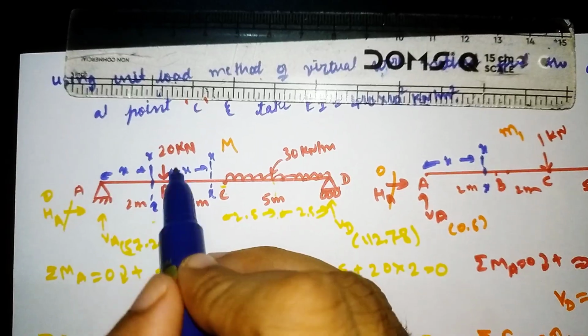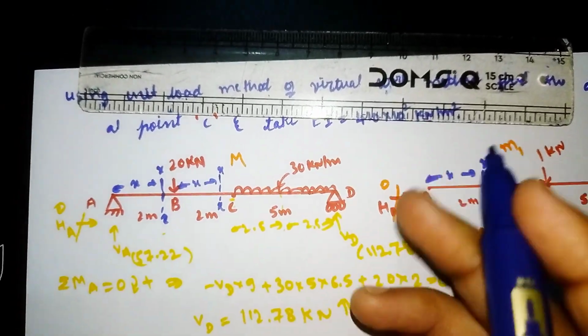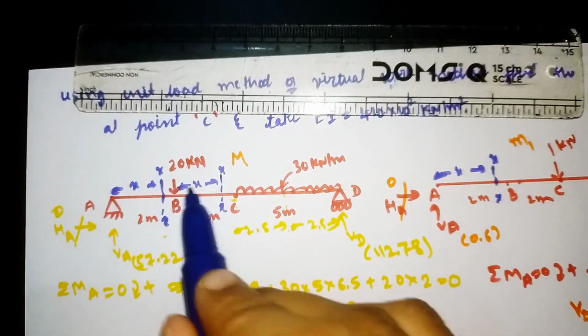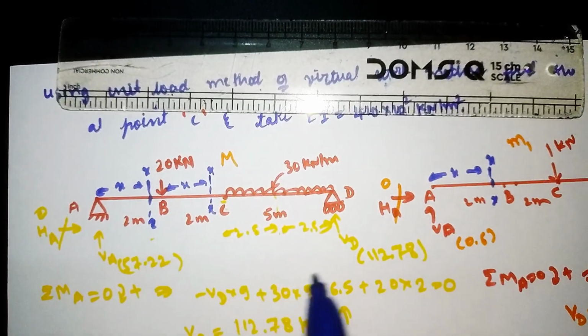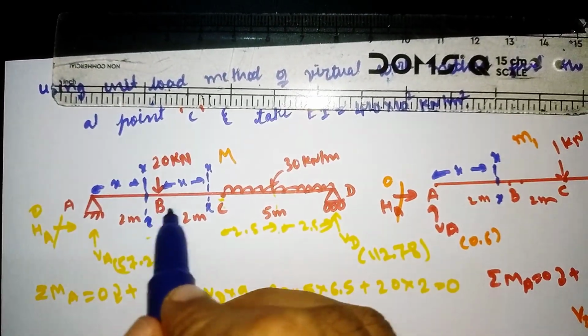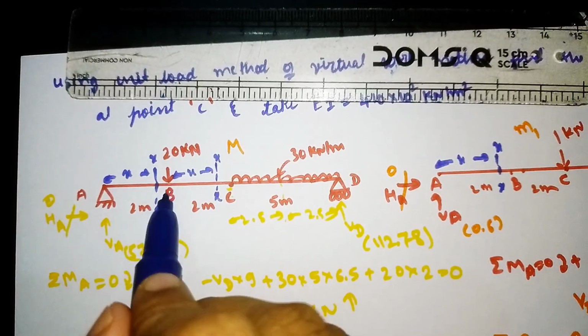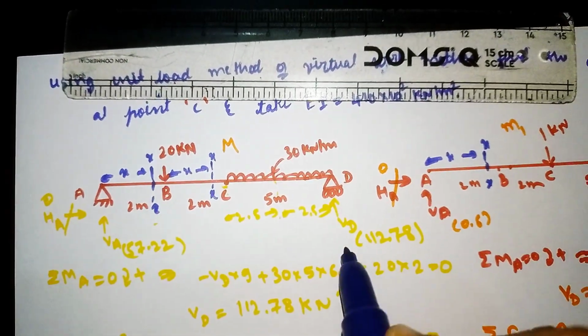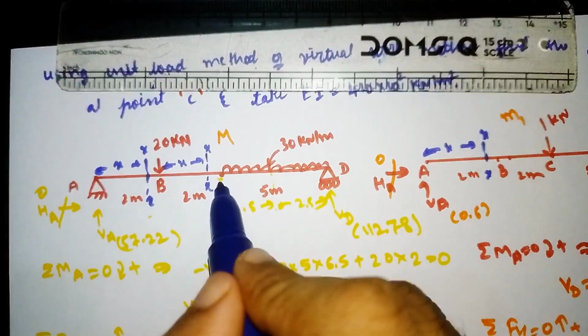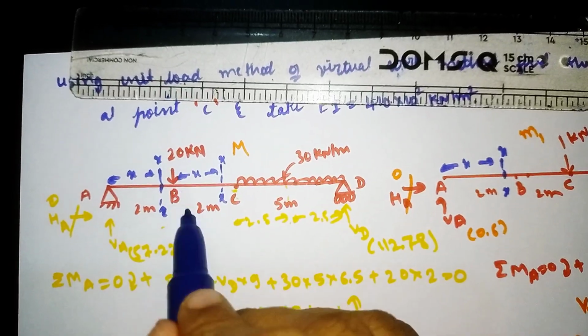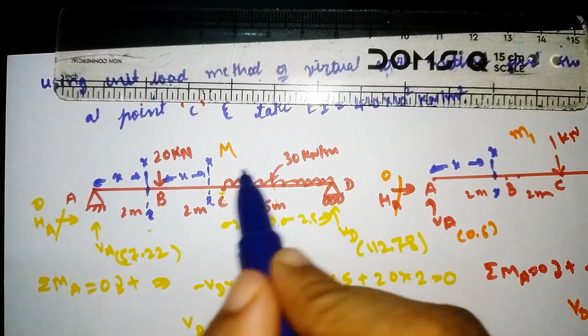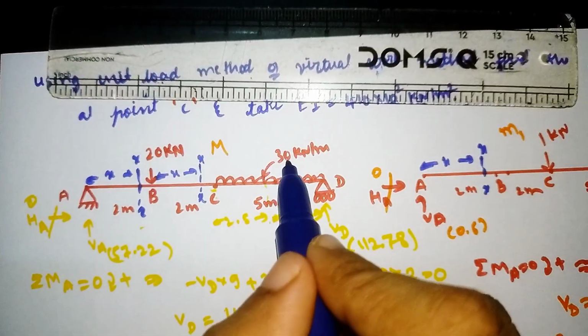Our section will cut here, and we need to solve from this side to here. So for easy calculation, I have taken the origin as B. See here, only VA is acting and the 120 kN load is acting. If we take our origin as C, our section will come here, then we need to solve from here to here, where VD is acting and the UDL is also acting.